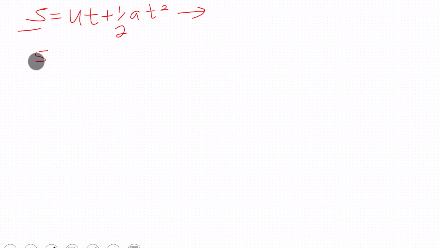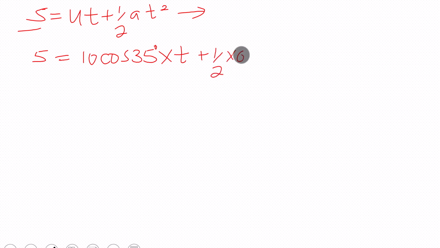So here, our S is equal to ut plus a half at squared, and we are considering horizontal motion. So our S is 5 meters in the x, and our u is 10 cos of 35 degrees, times t, plus a half times 0 times t squared.